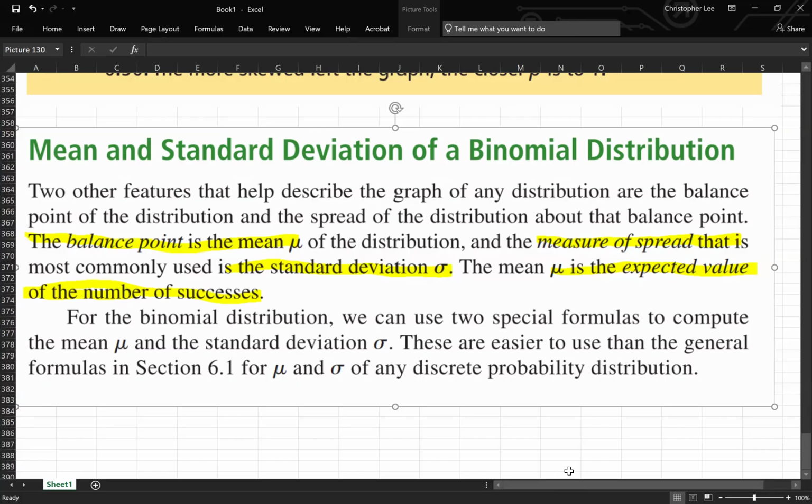This means mu is the expected value of the number of successes. So for the binomial distribution, we can use two special formulas to compute the mean mu and the standard deviation sigma. These are easier to use than the general formulas in section 6.1 for mu and sigma of any discrete probability distribution. All right.